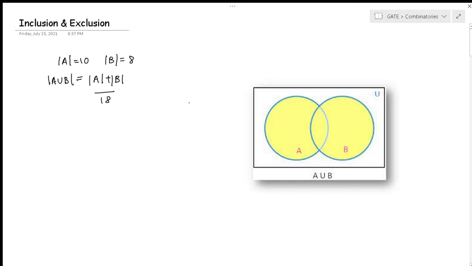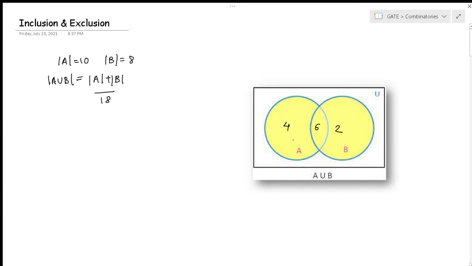But what might happen is that the cardinality of A is 10. So what could happen? This is 4, this is 6, and this is 2. Now if you see this picture, in set A this 4 is occupied over here.